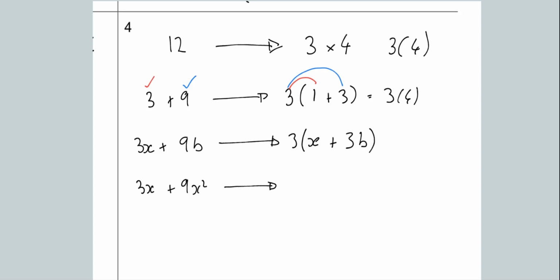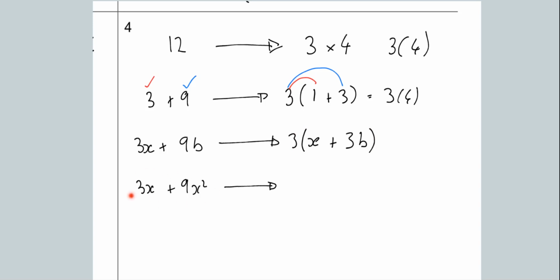And then the b to complete the term. And so this is called factored form. And it's a product because I've got 3 multiplied by this expression, x plus 3b. But it's a product. So we've come from a single expression, 3x plus 9b, to the product of 2, 3 times x plus 3b. If you can get that right in your head, you're travelling well.